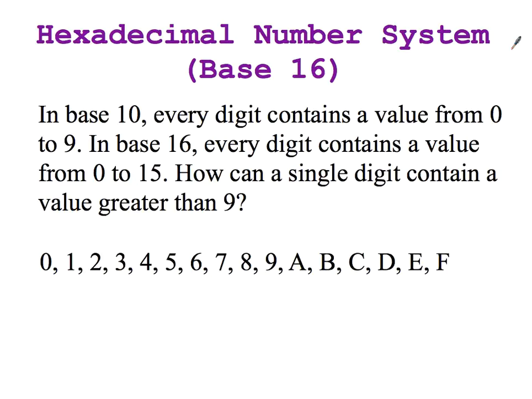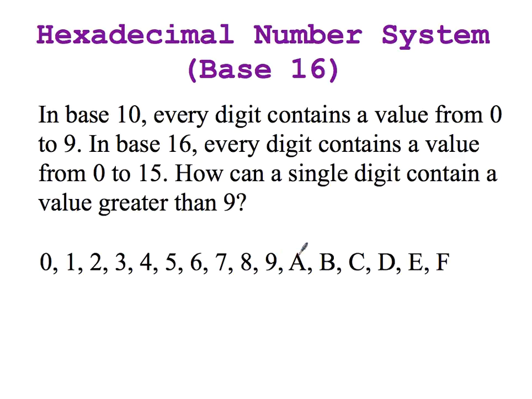So how do we represent digits if we have a base 16? That means the digits have to go all the way up to 15, just like the digits in base 10 go up to 9. We don't have digits beyond 9 because in base 10 we just move over one more place value. In hexadecimal, the way we account for that is we use letters for the digits. The 0 through 9 are the same digits and they represent the same values.